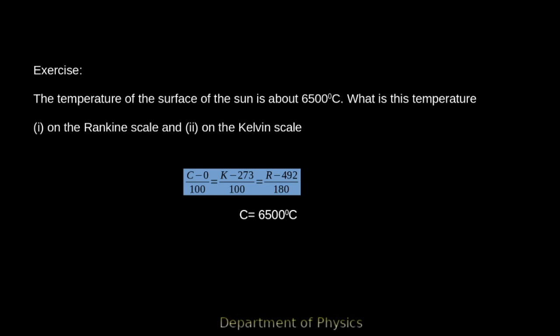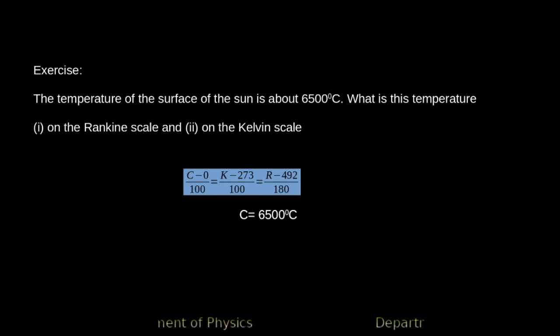Here we are taking one exercise: the temperature of the surface of the sun is about 6500 degrees centigrade. What is the temperature on the Rankine scale and on the Kelvin scale? So just put the formula C minus 0 by 100 for the centigrade.